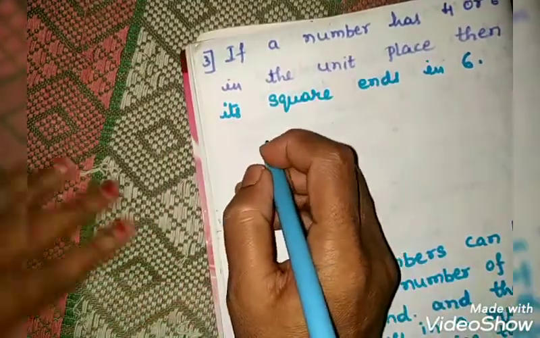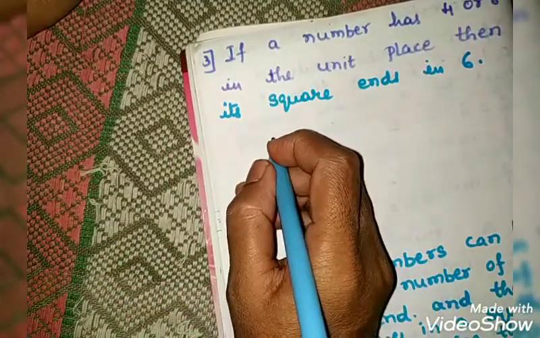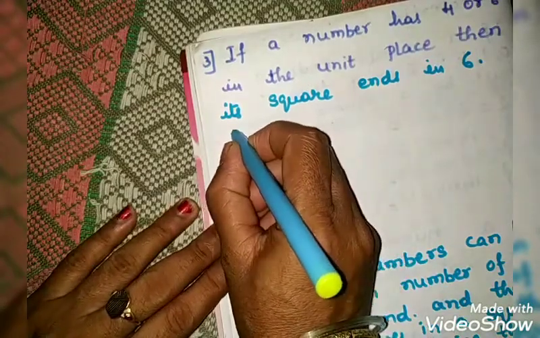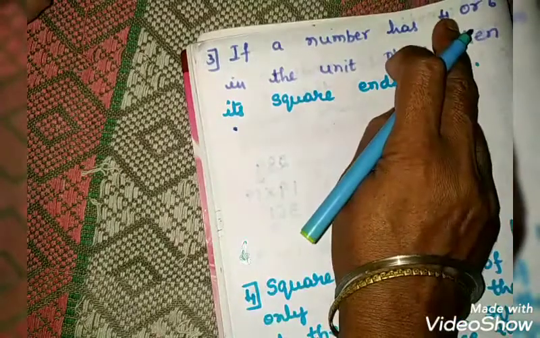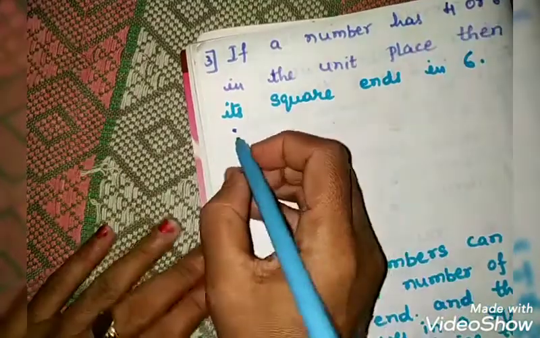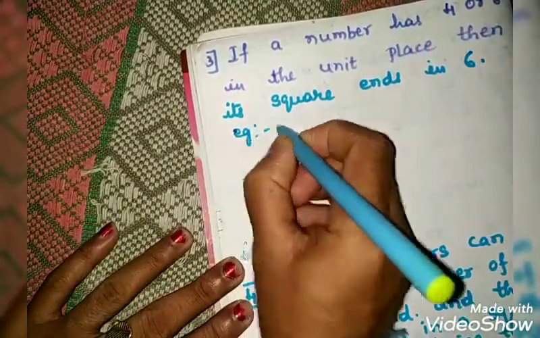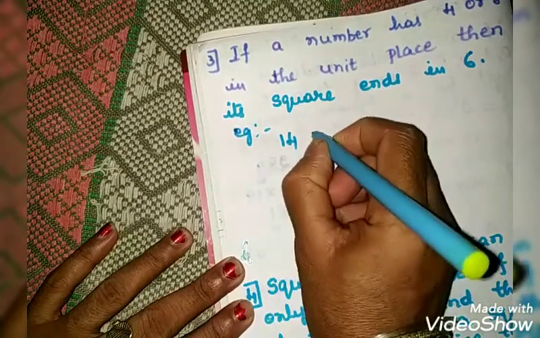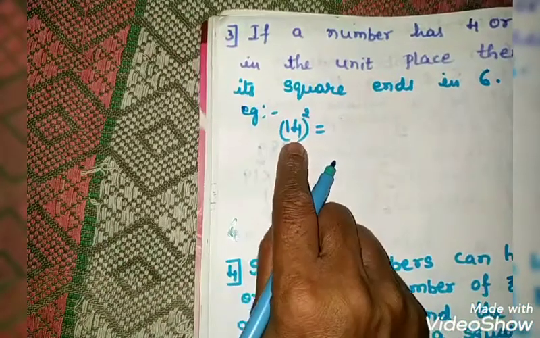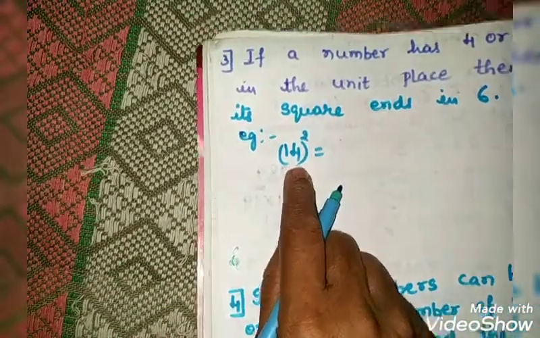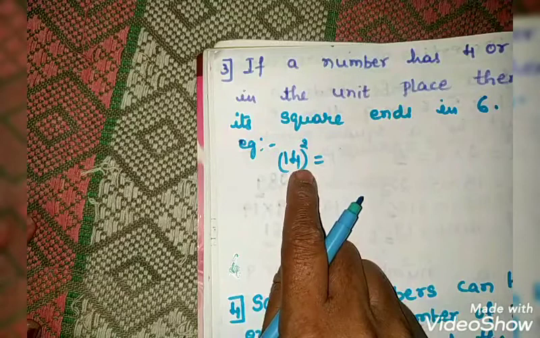Let me try. So let me take any examples ending with 4 or 6. One example I will take ending with the 4, 14. Let me take it is ending with the 4, correct? In its unit place, what is there, children? Observe, 4 is there. In its unit place, it ends with 4.